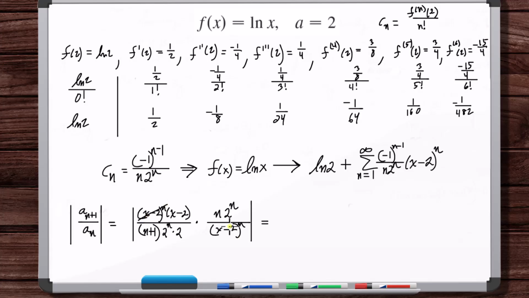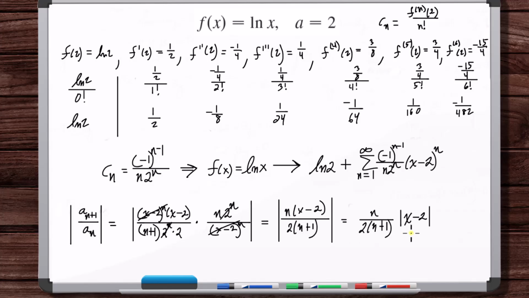Okay, so we can take out the n over 2 times n plus 1. This is always positive. Take that out of the absolute value.